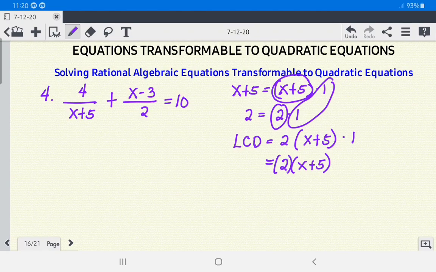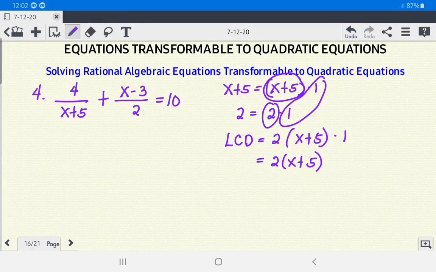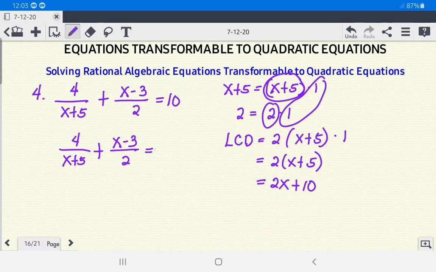Now, let us make use of the factored form. Sometimes it is good also to make use of the product form. Like this, we have 2 times x, we have 2x. Then, 2 times 5, we have 10. Okay, then going back to our example, we have 4 over x plus 5, then plus x minus 3 over 2 equals to 10.